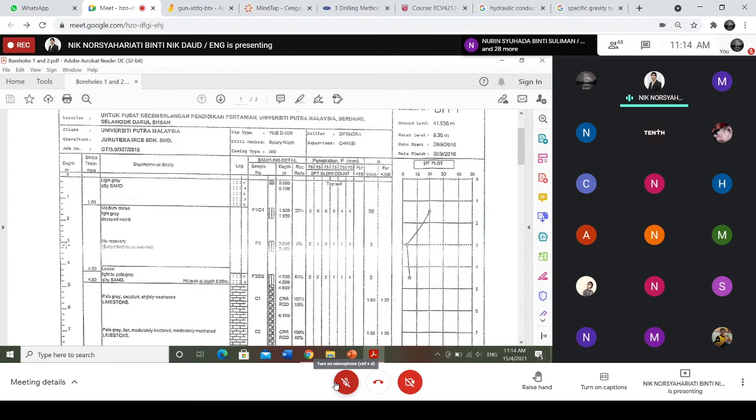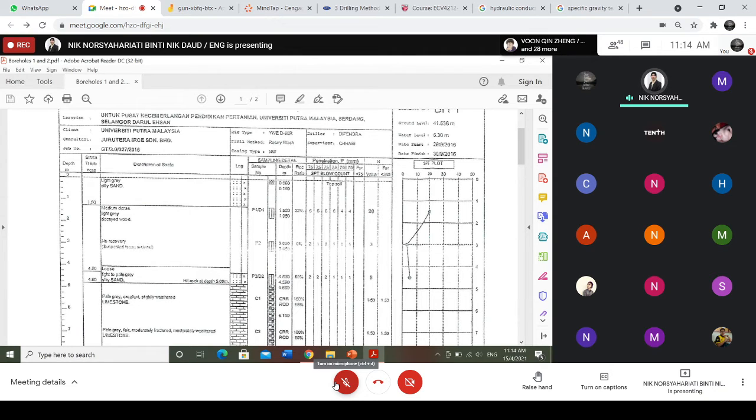For the split spoon sampler, they use an SPT pipe, right? If you notice this kind of symbol, this one, this one, this one, this is the SPT, the standard penetration tool that has been used.